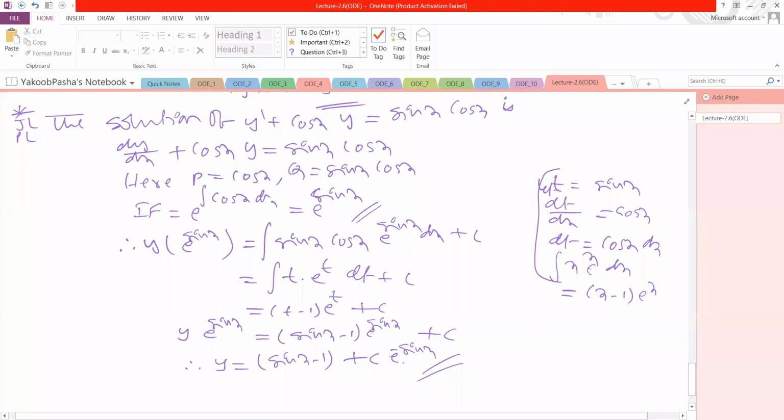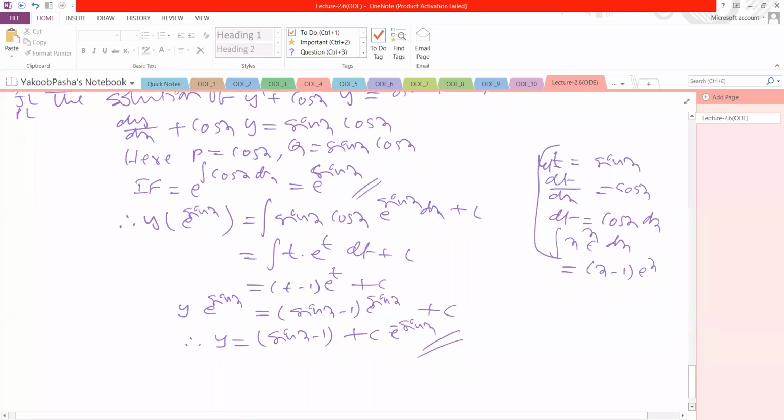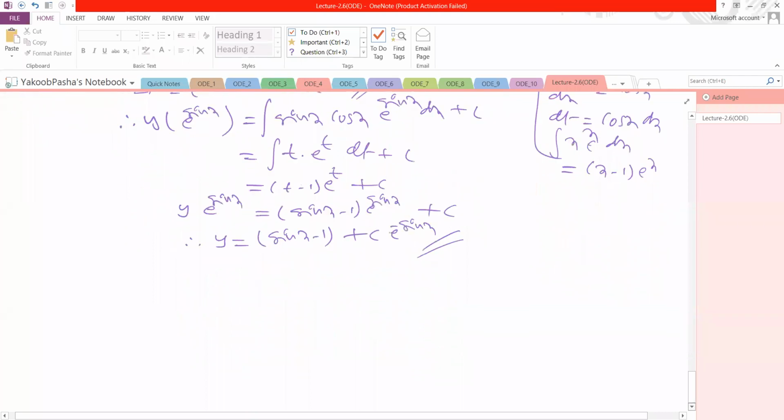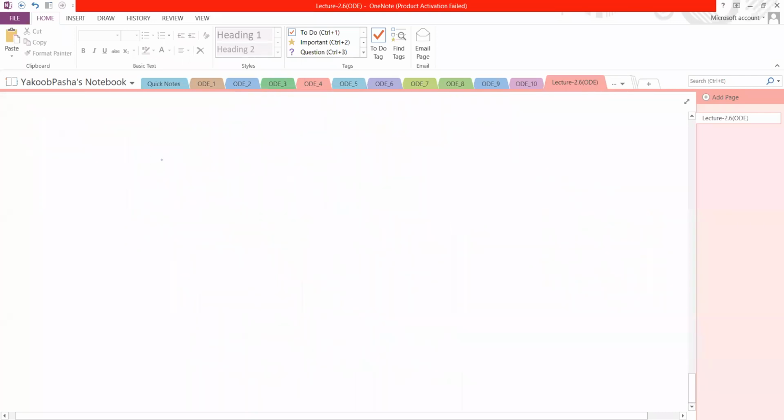Now I am taking one set question. The general solution of sin 2x into dy by dx minus y is equal to tan x.